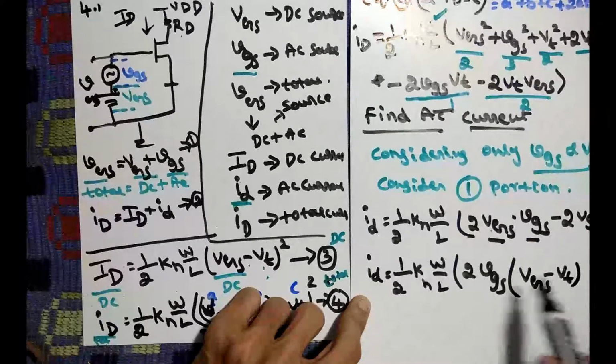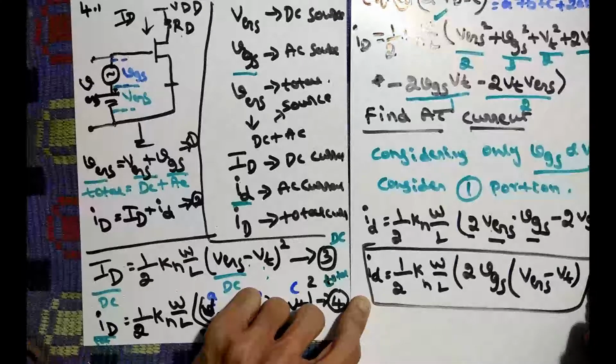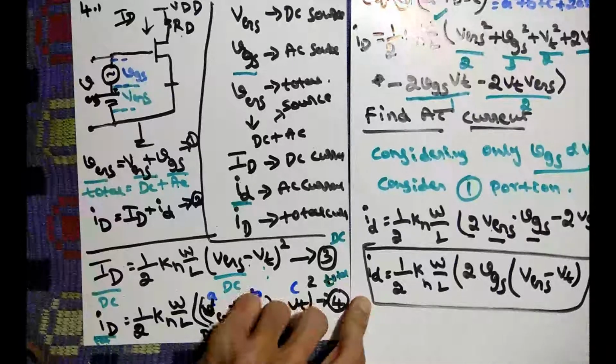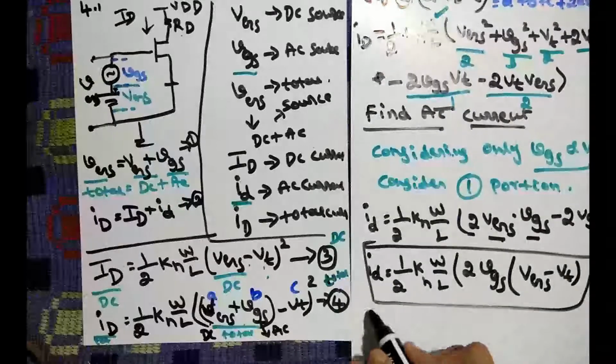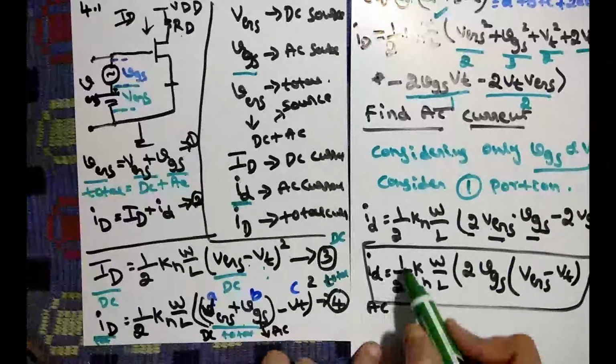Okay. This is the very important formula that we derived from the above portion. This we can call equation 4. This is nothing but the AC current that we got from the total current and DC current, isolating that one. If you simplify this one, here the 1 by 2 is there.